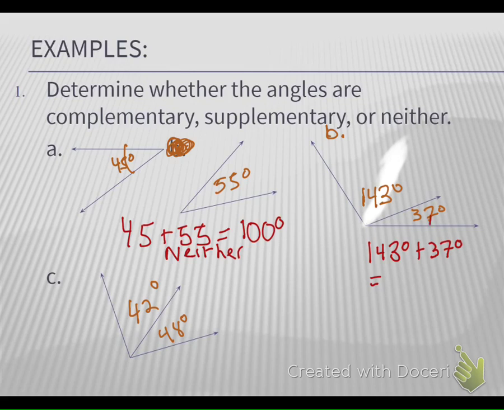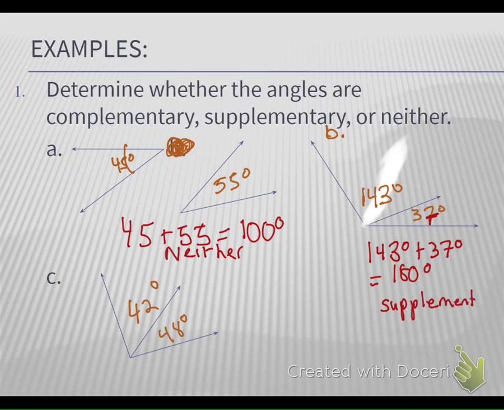I'll make it a little clearer. There we go. So when you add 143 plus 37, yep, 180. So you see this picture is not drawn accurately, but is it complementary, supplementary, or neither? Yep, it's supplementary because we know that it is equal to 180.